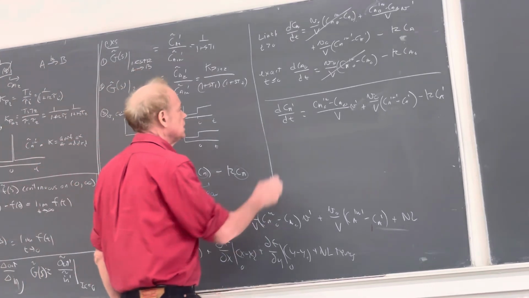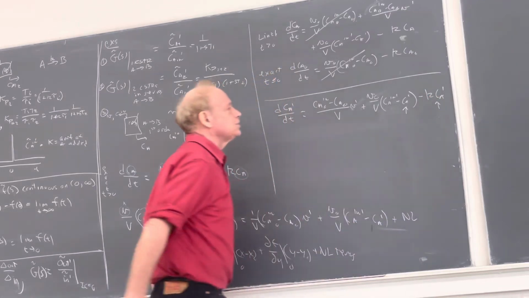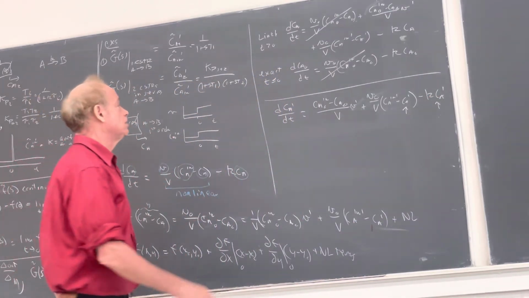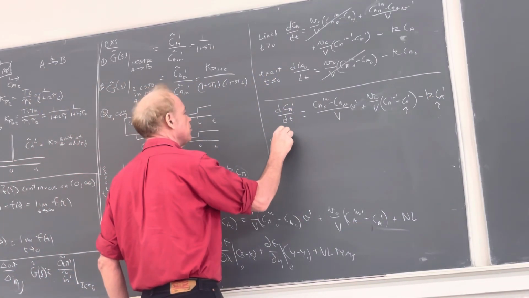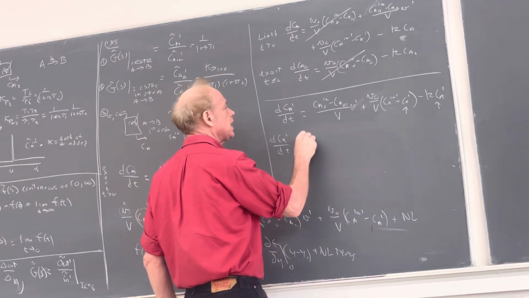Now I notice I have two ca primes on the right, so I need to bring those terms to the left. So I have d ca prime dt plus k ca prime.